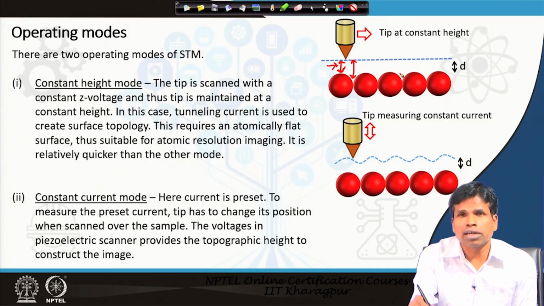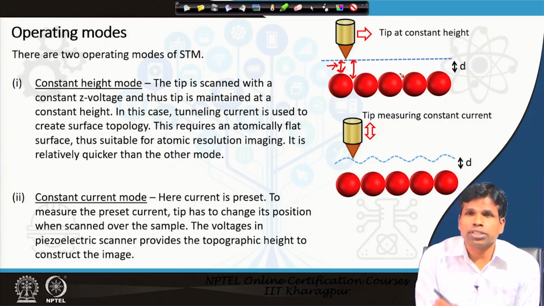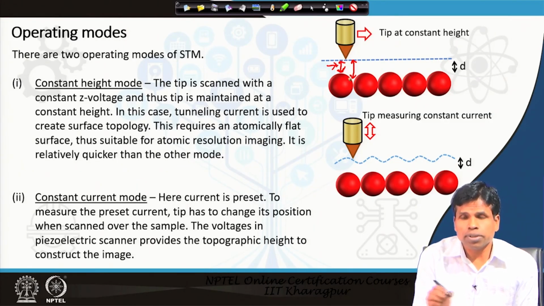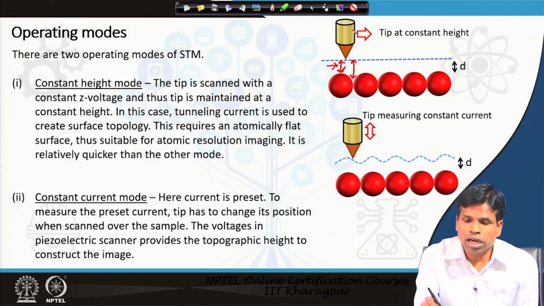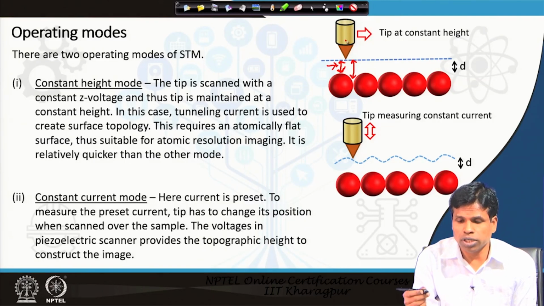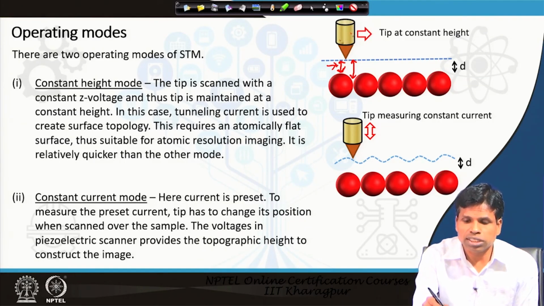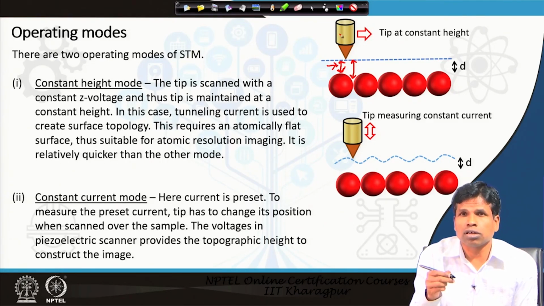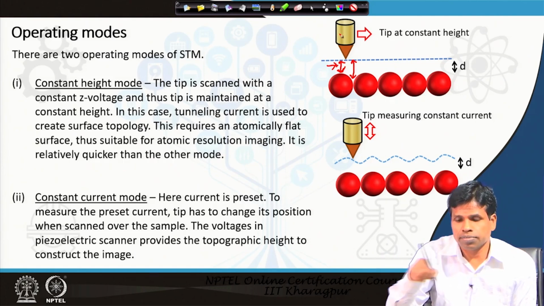This tunneling current can be used for imaging purposes. So, we get the surface topology from the tunneling current data, and moreover this is a fast way of doing it, because we do not change the voltage to the piezo scanner. As we do not change the voltage to the piezo scanner, the tip can move at a faster rate.